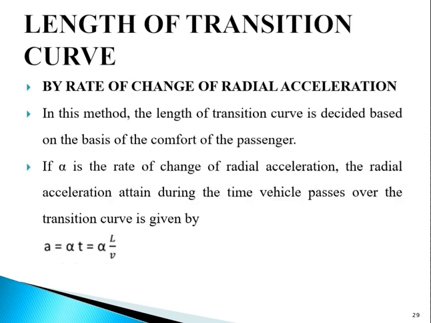Next is by rate of change of radial acceleration. In this method, the length of transition curve is decided on the basis of the comfort of the passenger.